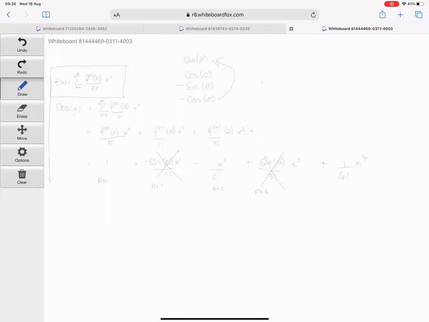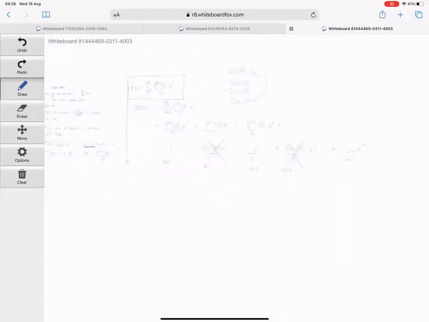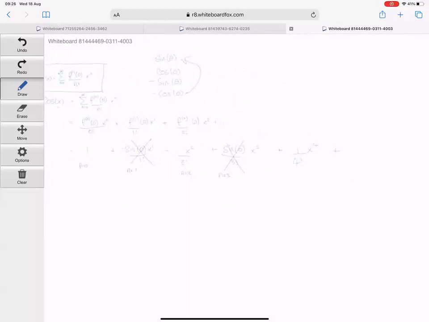So I started with cosine, differentiate to minus sine, differentiate to minus cosine, then it's sine, then it's cosine, so it's positive. The next term will be a 0 again, because it will contain a sine, and then I'll be back to minus cosine, so then it will be minus x to the 6 over 6 factorial.